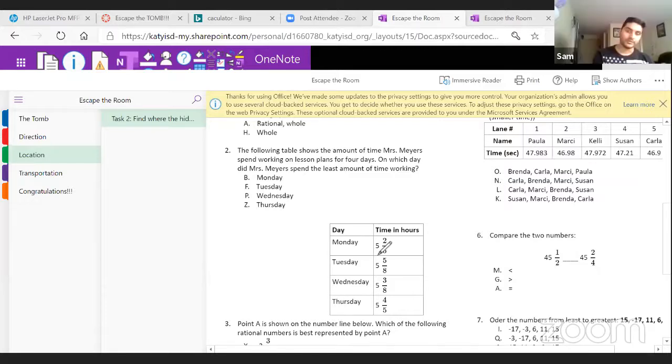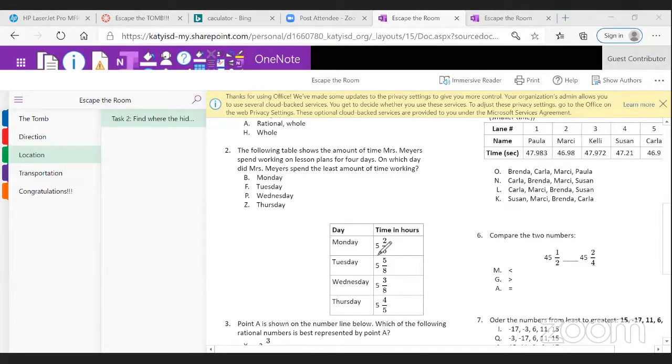So on the Wednesday, right? He spent the least amount of work on Wednesday. If you look at the Wednesday one, it's 5 and 3/8, which is 5.38.